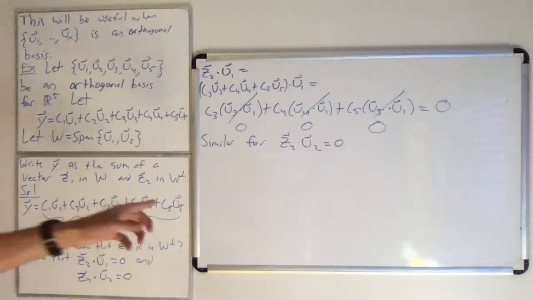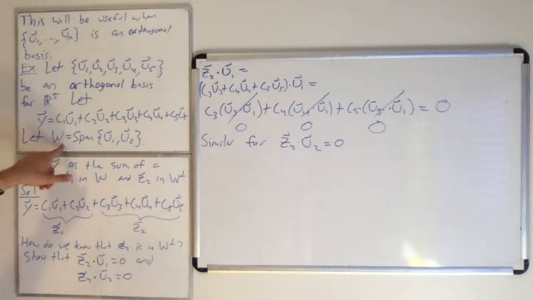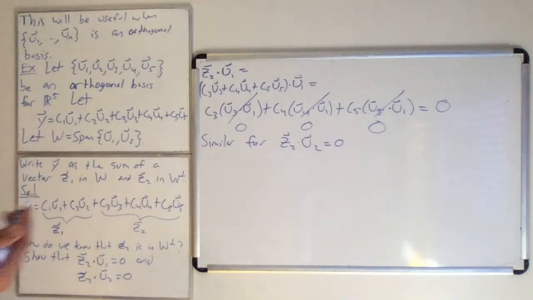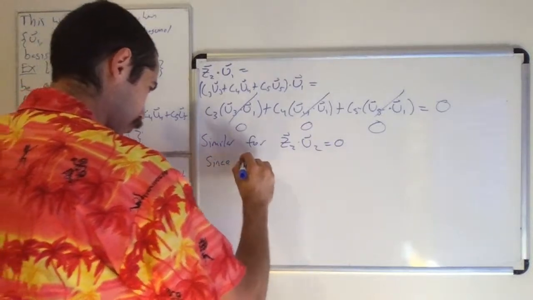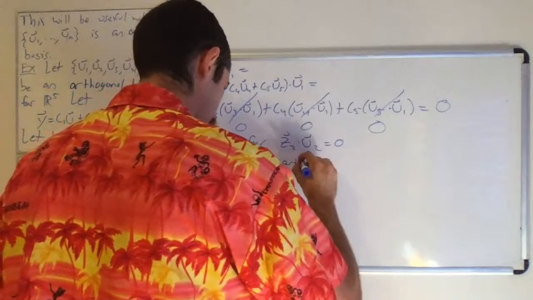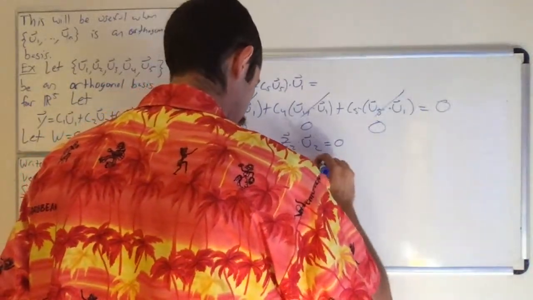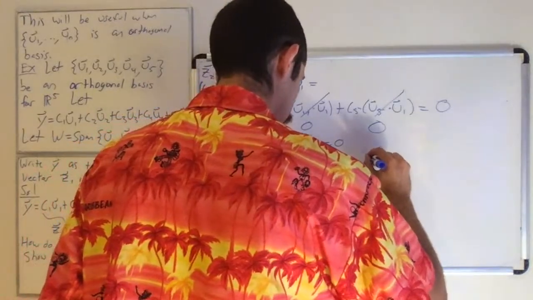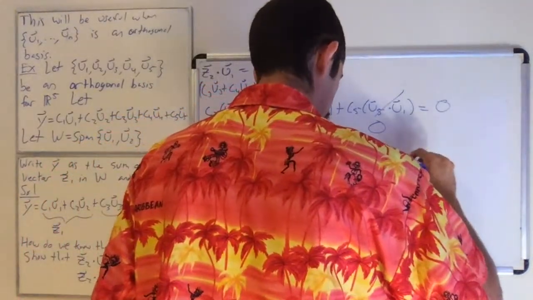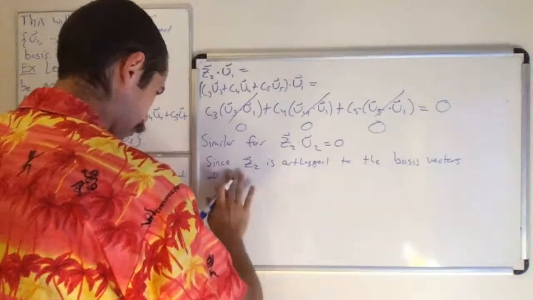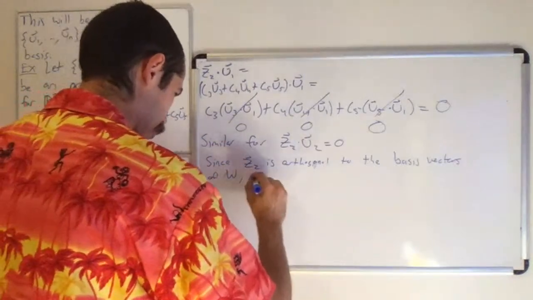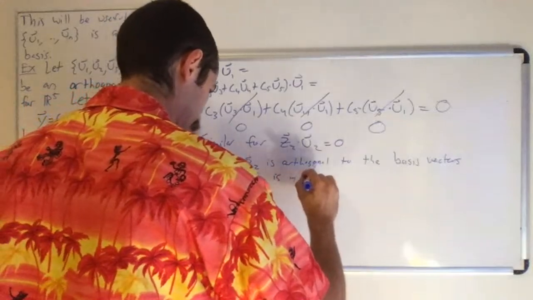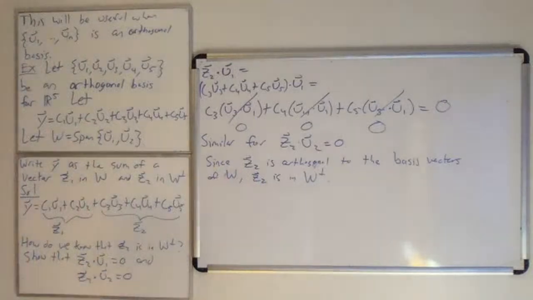So z2 is orthogonal to both of the basis vectors of W, so it's orthogonal to W. So our choice of z2 is correct.